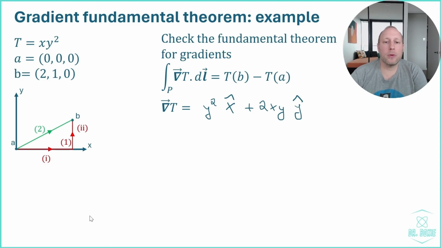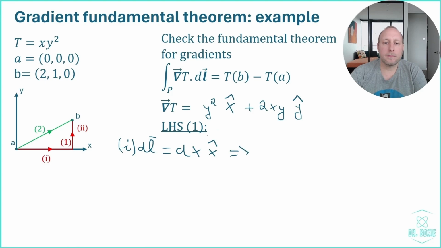We now want to calculate the line integral, the left-hand side, along path 1. We divide path 1 into two parts. In the first part, the horizontal part, dl is only moving in the x direction, so it's of the form dx x hat.